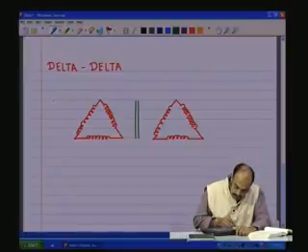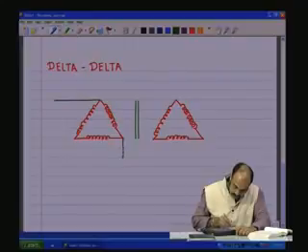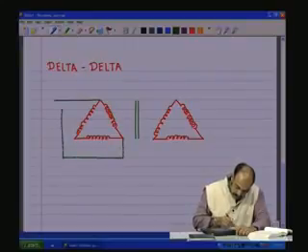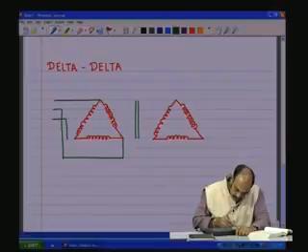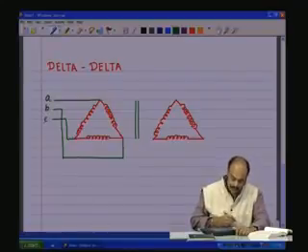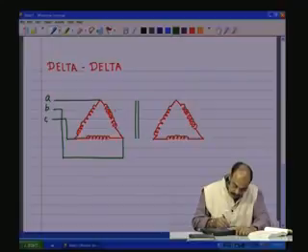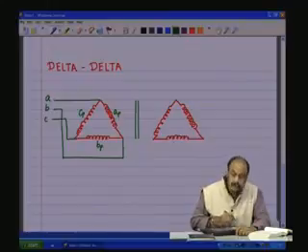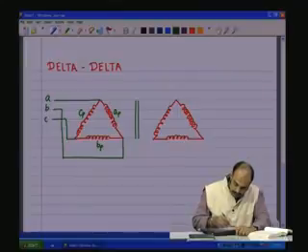Now, on the primary, you have the A, B and the C lines connected to the sources as shown. This is the A, B, C lines. So, this would be your AP coil, the BP coil and the CP coil. So, the dot polarities are as shown.